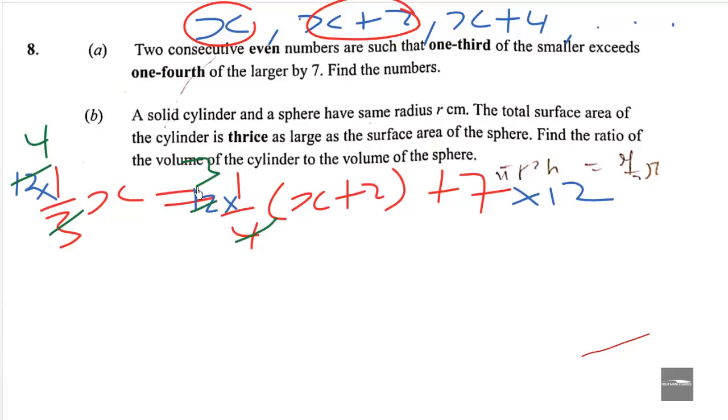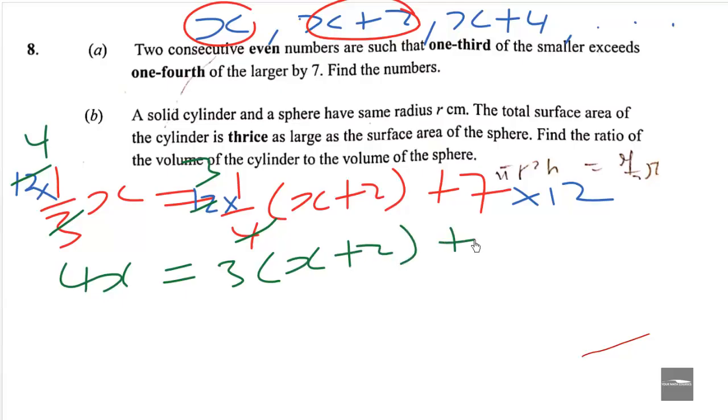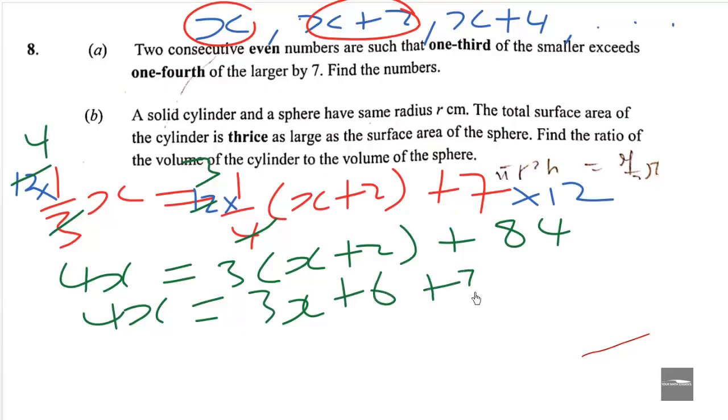So we obtain 4x is equal to 3 into bracket x plus 2, plus 7 times 12, which is 84. So we have 4x, let's expand, 3x plus 6 plus 84.